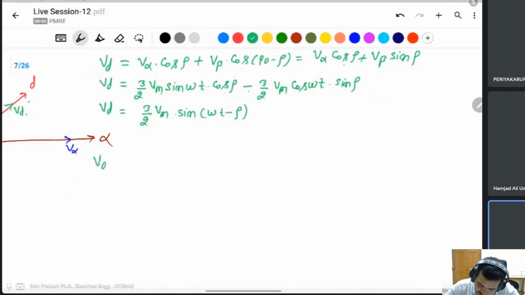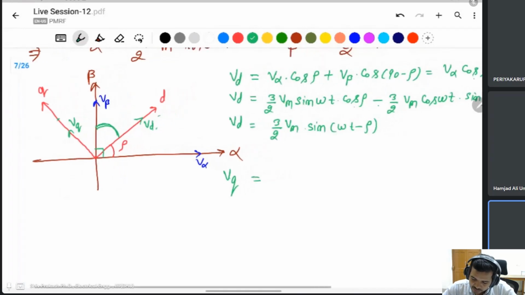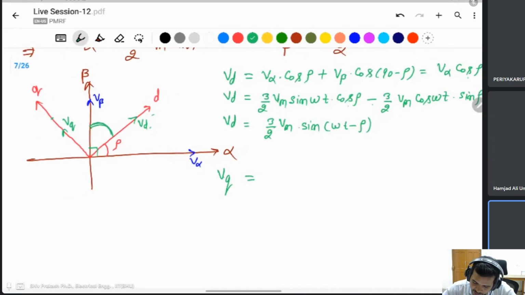And what is the Vq? Same thing, apply the effect of V alpha and V beta on the q axis. First, the effect of V alpha is V alpha into cos of the angle. This angle is 90 degrees plus rho, so 90 plus rho.